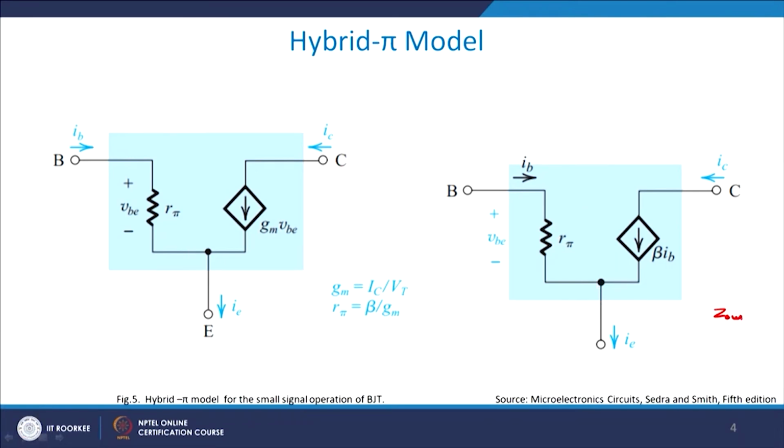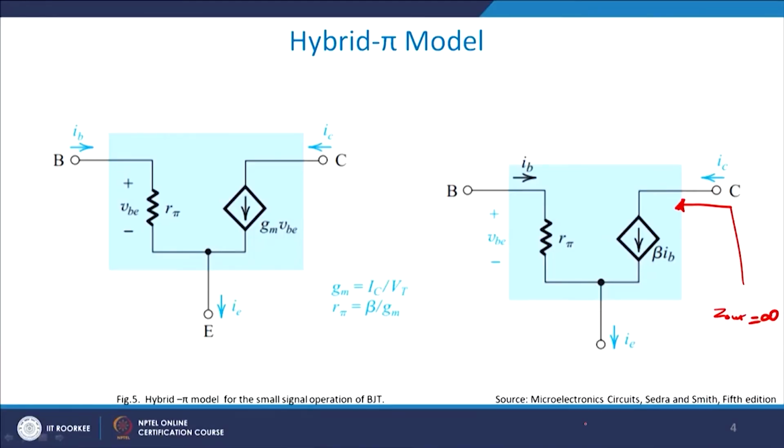If you want to find out, looking from the collector side, if this is the output, how much resistance is offered. Of course, if you look very carefully from the output side, it is being terminated across a constant current source, and therefore Z out will be approximately equal to infinity in an idealized condition.